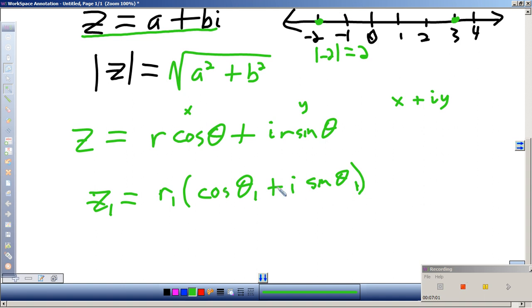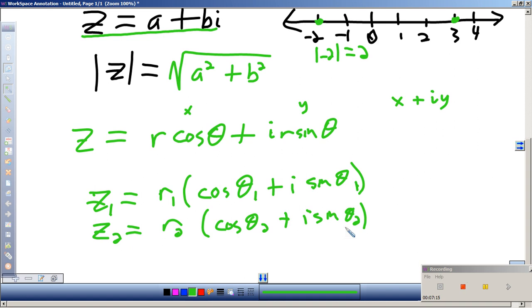So this is one imaginary thing. And z2 will be r2 cosine of theta 2 plus i sine of theta 2. So now, instead of talking about just a single one, we're talking about two separate ones.